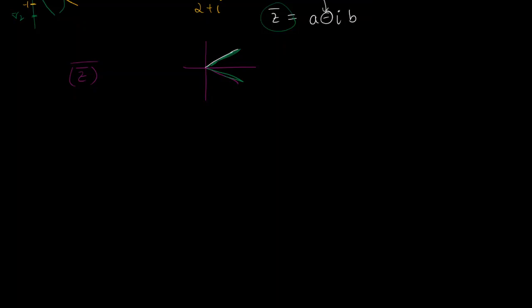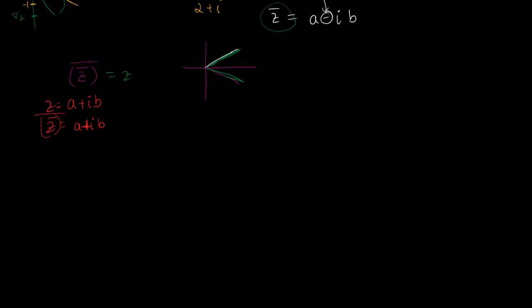So the conjugate of z bar is going to be equal to z itself. If you do that analytically, if you had a plus ib as your z, then z bar will be equal to a minus ib. And taking the conjugate of z bar, you just change the sign again, so that will become a plus ib again.